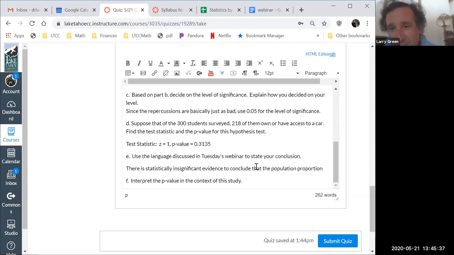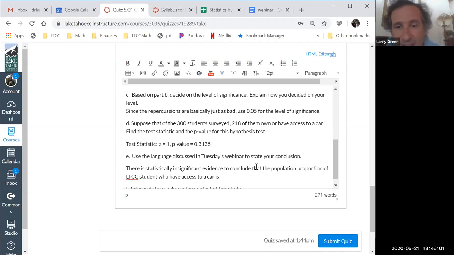Pop Pro is just fine, but I'm going to be more official. Population proportion of LTCC students, because that's who we're looking at, who have access to a car. I think if you own a car, you have access, so I'll just keep it as have access, is not equal to 70% or 0.7.